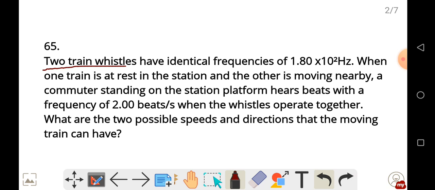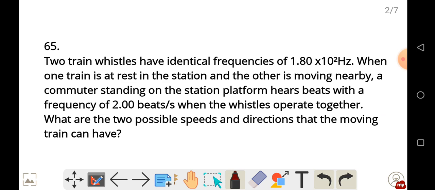Two train whistles have identical frequencies of 1.8 times 10 to the power 2 Hz. When one train is at rest at the station and the other is moving nearby, a commuter standing on the station platform hears beats with a frequency of 2.00 beats per second when the whistles operate together.